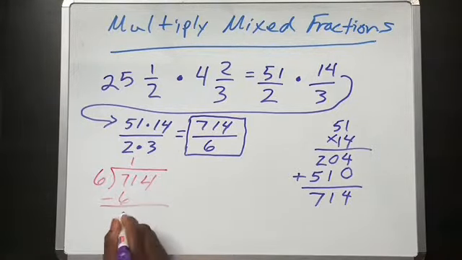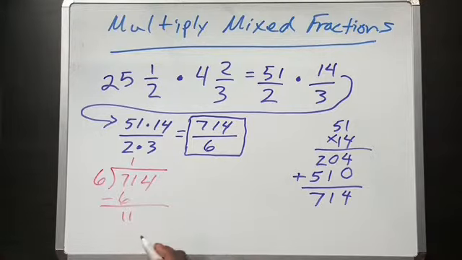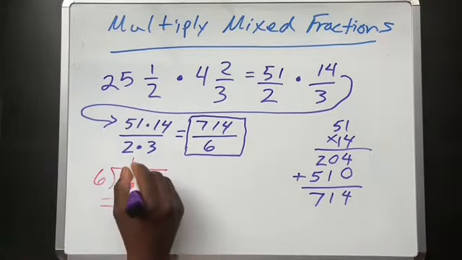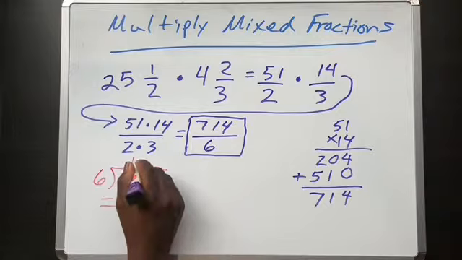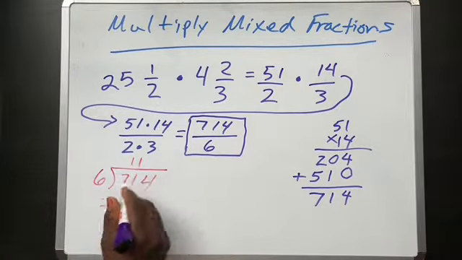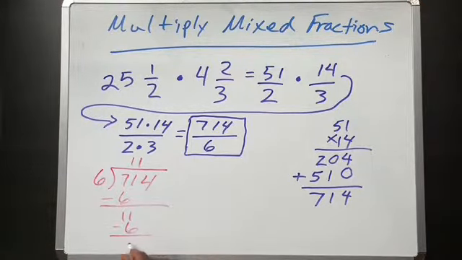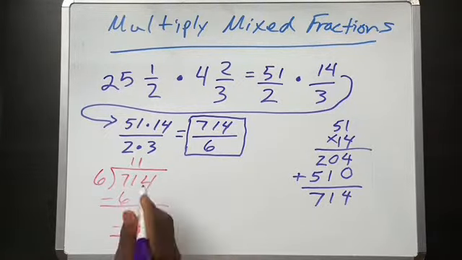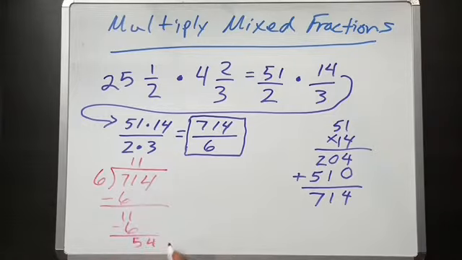So then subtract, we get 1. Bring down that 1. 6 goes into 11 how many times? 1 time. 6 times 1 is 6. Subtract. 11 minus 6 is 5. Bring down the 4. 6 times what will give me 54? 9. 6 times 9 is 54.